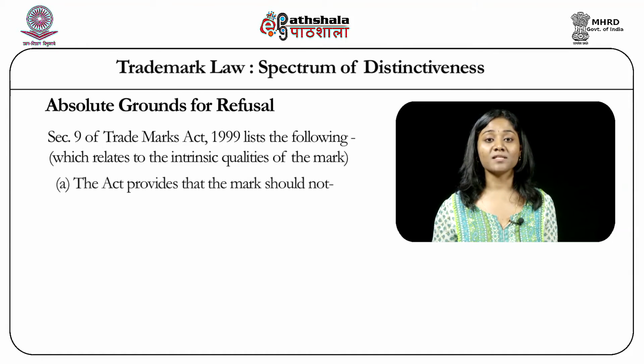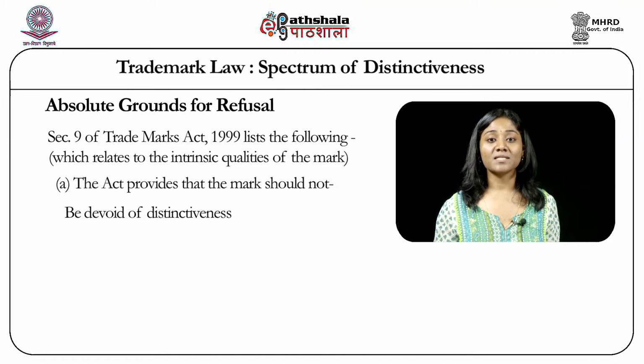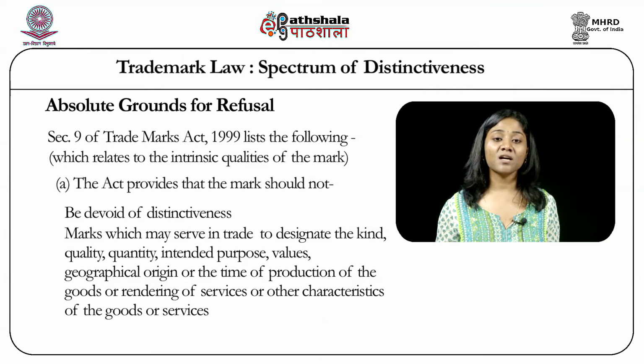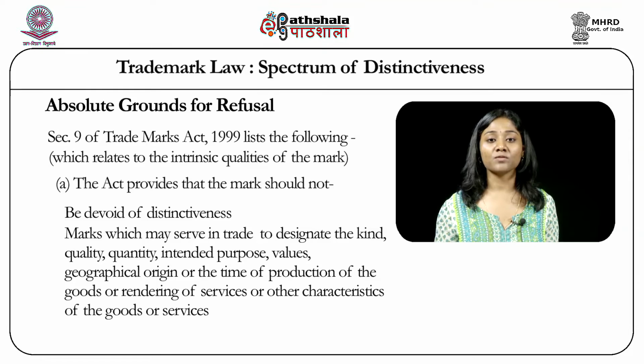So the Act provides that the mark should not be devoid of distinctiveness in the first place. Second, it may serve in the trade to designate the characteristics or the quality of the goods and services, and in that sense, the intended purpose of the good becomes descriptive. The geographical origin or the time of production of the goods and rendering of such services will be described.